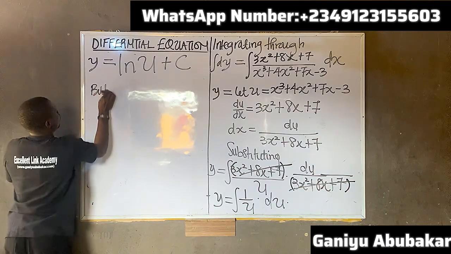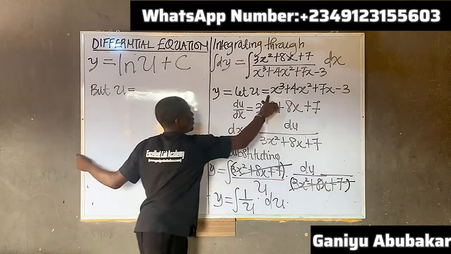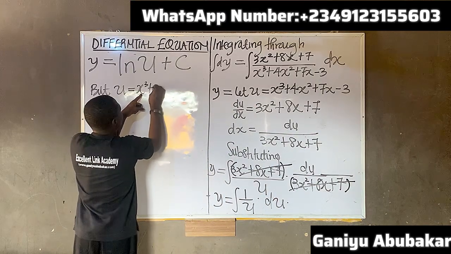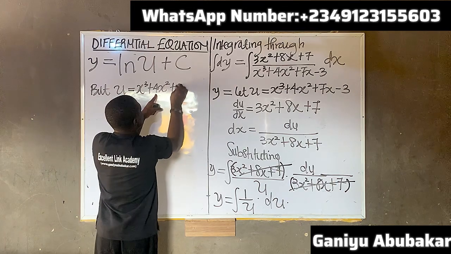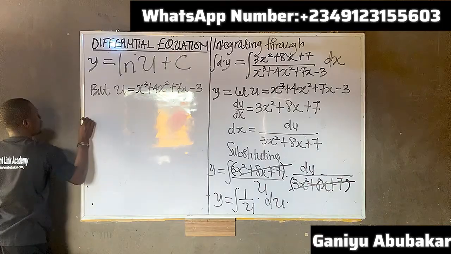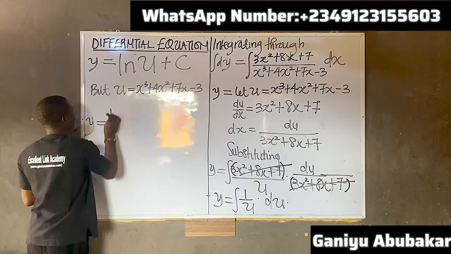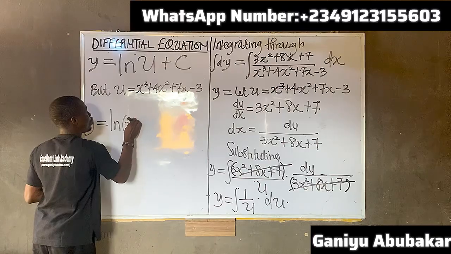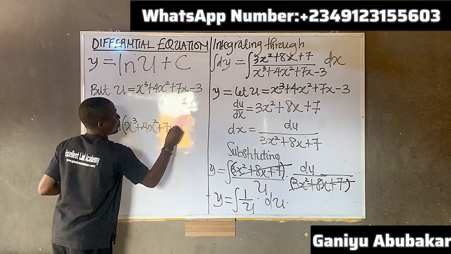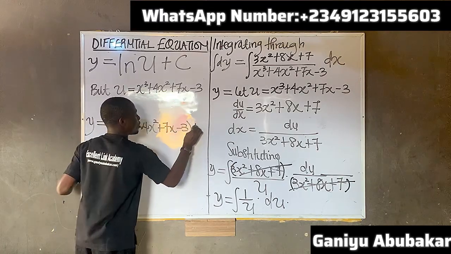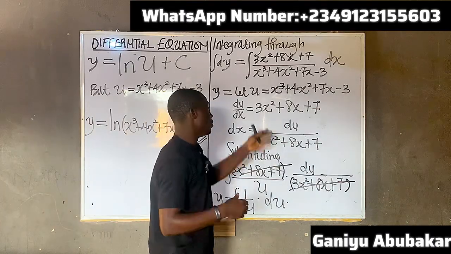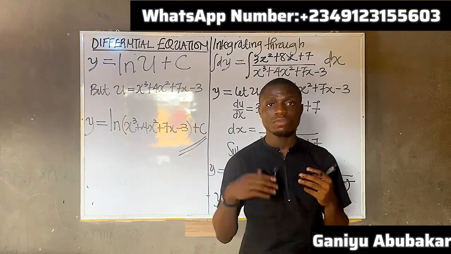But we just said that u is everything here, so put u back: x cubed plus 4x squared plus 7x minus 3. So my final answer is y equals ln of x cubed plus 4x squared plus 7x minus 3, plus c. This is the required solution for this particular question.